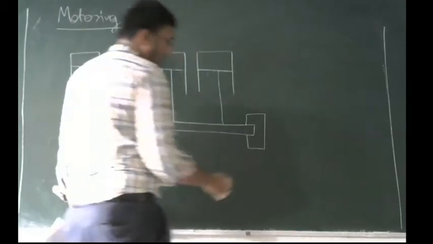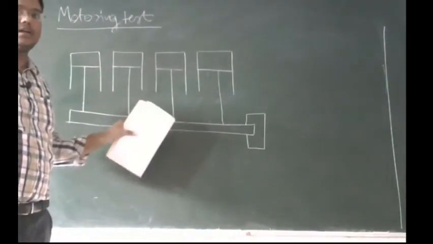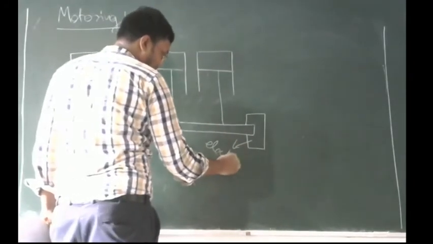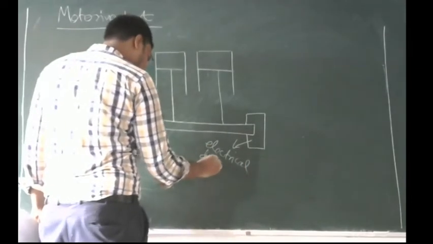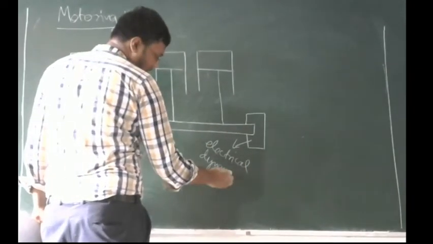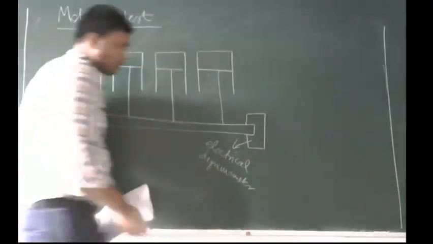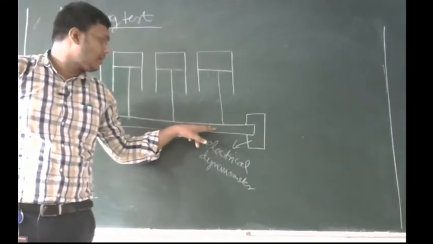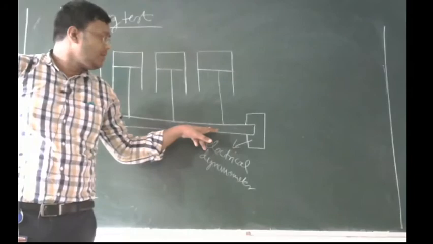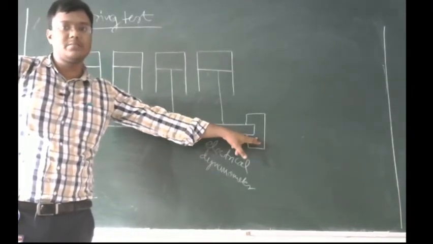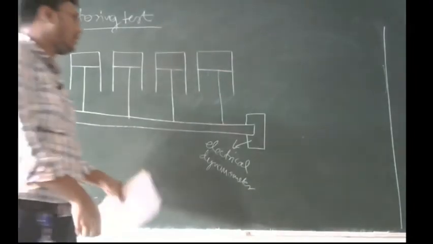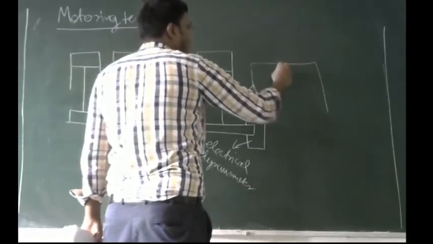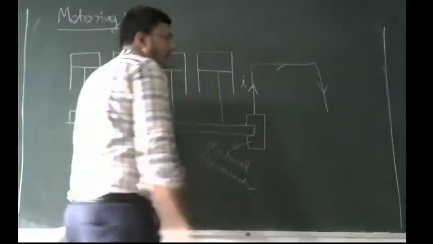This is an electrical swinging type dynamometer. What does the electrical dynamometer do? It measures the mechanical energy available on the crankshaft, that is the brake power, and it also converts this mechanical energy into electrical energy through a circuit.